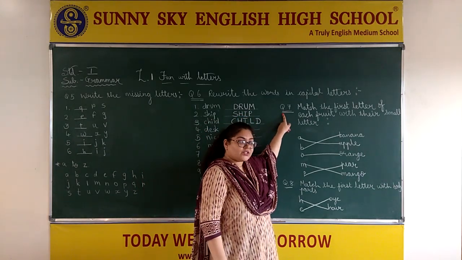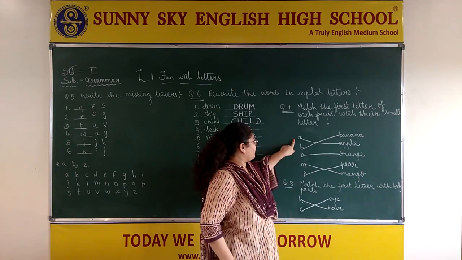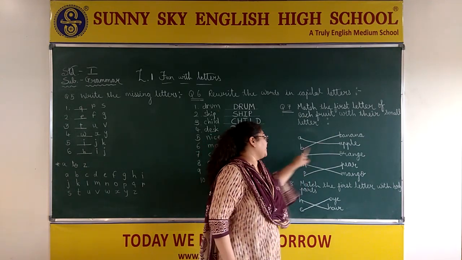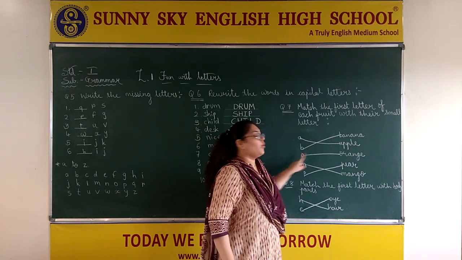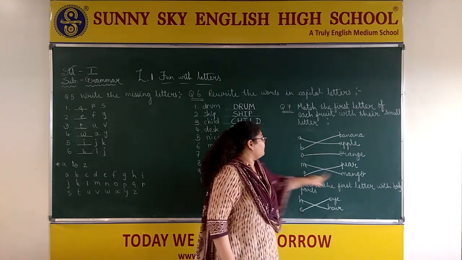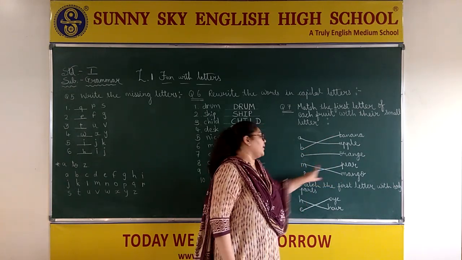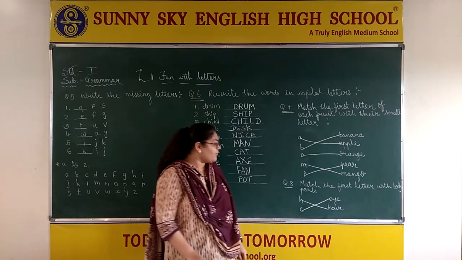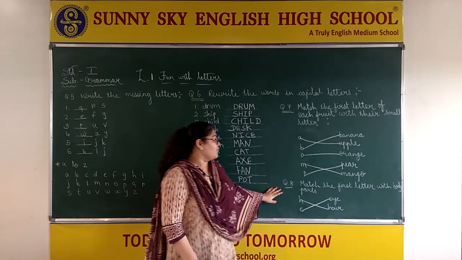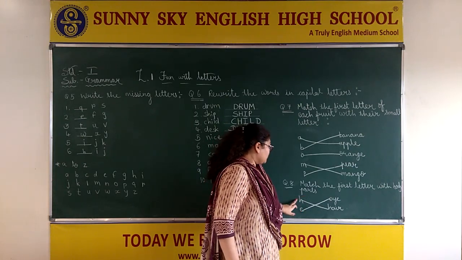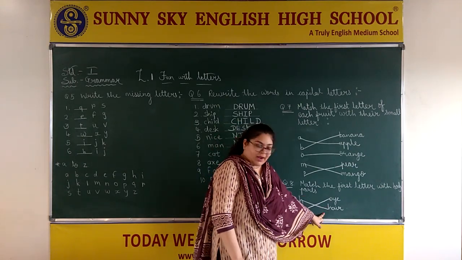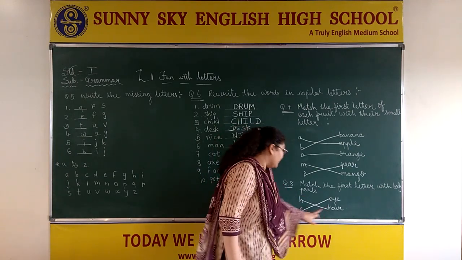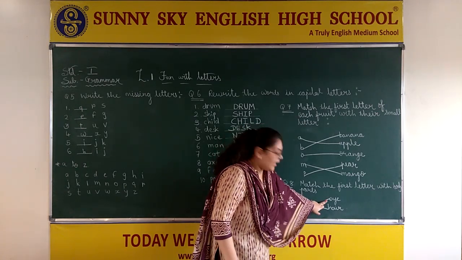We have matched fruit names with their first letter. A for apple, B for banana, O for orange, M for mango and P for pear. Same way, in the last question, we have matched the first letter with their body parts. H for hair and E for eye.